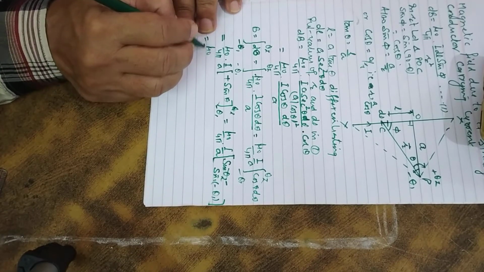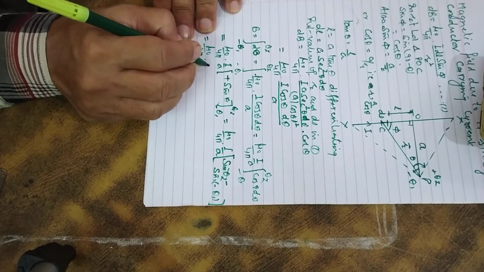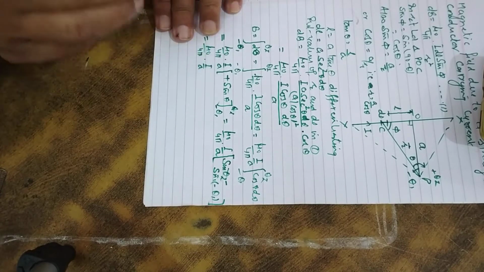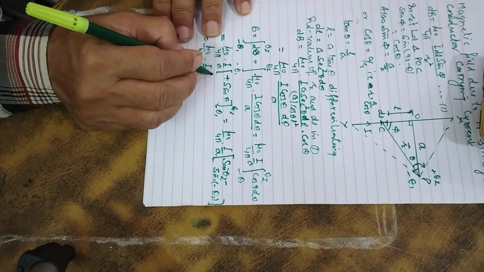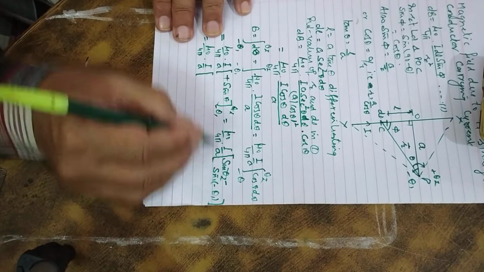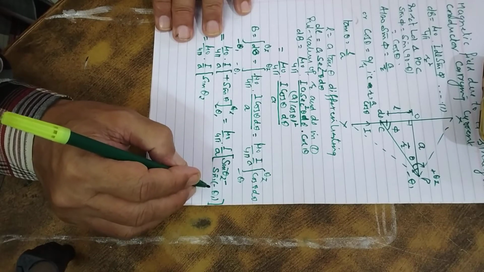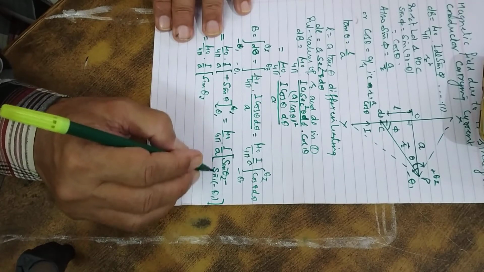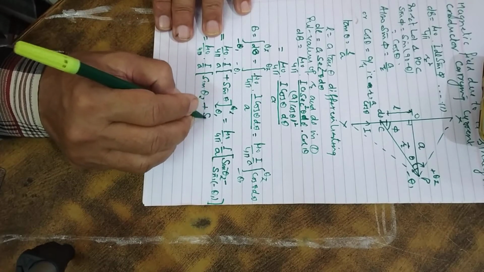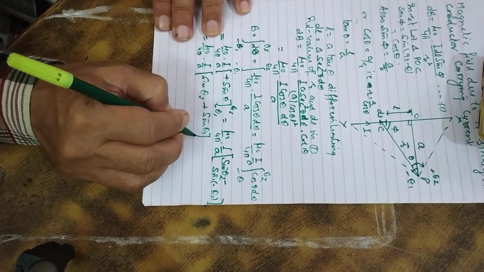This is equal to mu0 upon 4 pi, I upon A, sin theta 2 minus sin minus theta 1. Sin of minus theta 1 is minus sin theta 1, so this becomes plus sin theta 1.